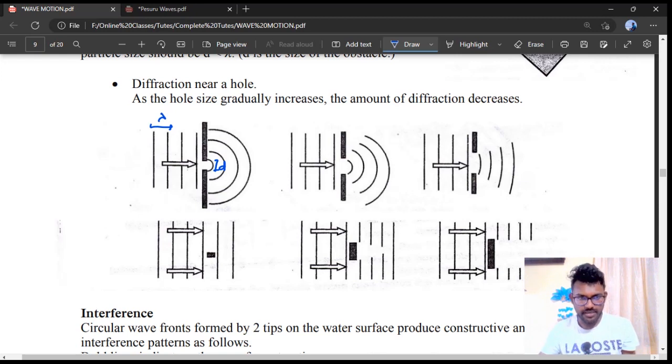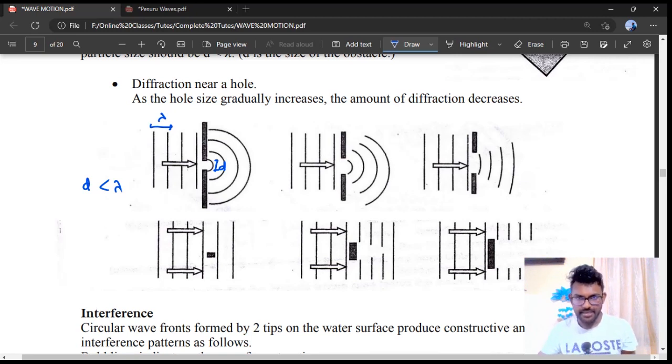If this d is less than lambda, what you can see now is that these linear wave fronts completely turn into circular wave fronts.